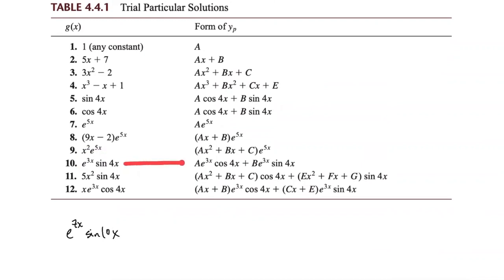And so it turns out that our guess for our solution form is going to be something like this: A e to the 7x cosine 10x, plus B e to the 7x sine of 10x.